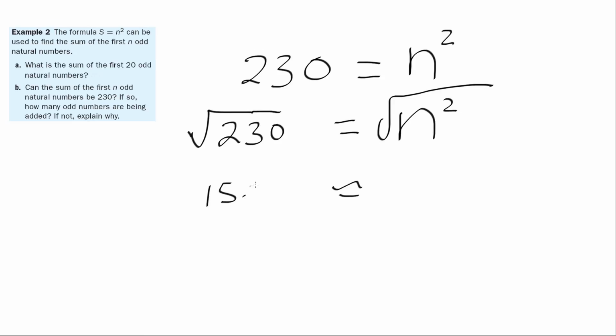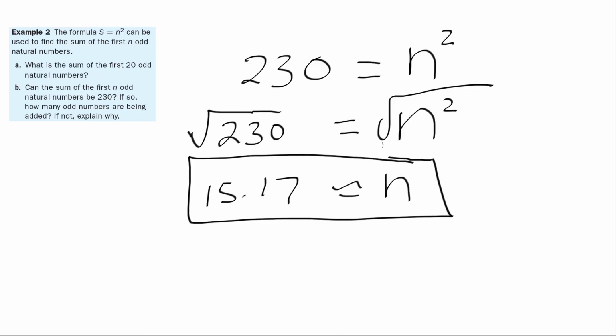And what this tells us is that, can the sum of the first n odd natural numbers be 230? And the answer is no, because n is not an integer, and n would have to be an integer solution in order for this to be true.